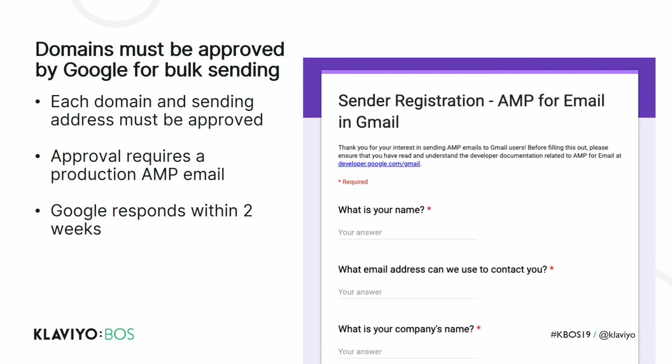Now, it's important to know that each submission can only have one sending domain. This means that, for example, if you get approved with marketing@klaviyo.com, you cannot use sales@klaviyo.com to send your AMP emails. And then lastly, you have to wait for a response from Google to either approve or reject the form submission.